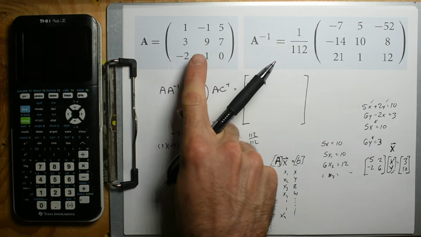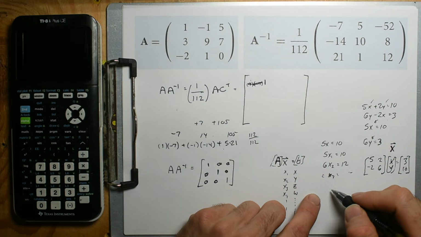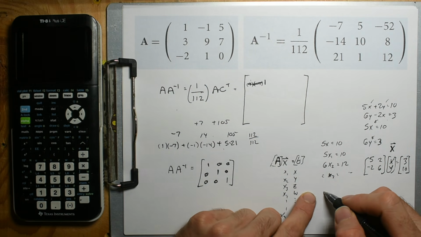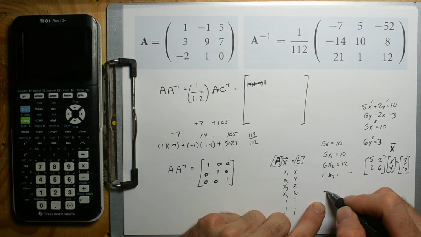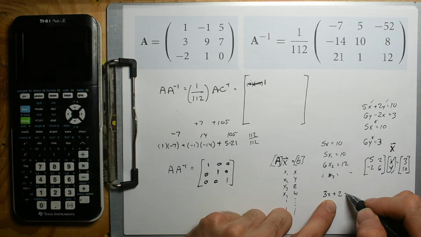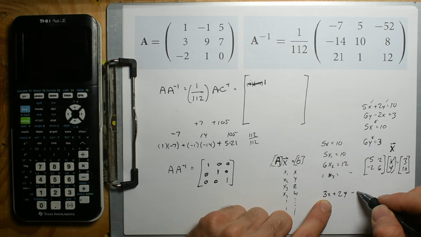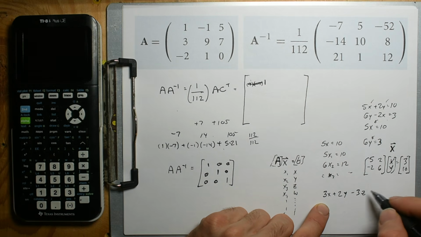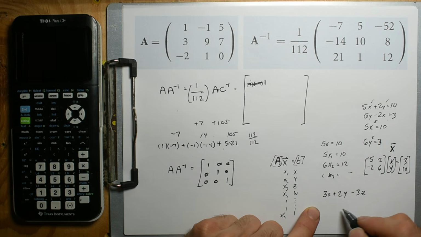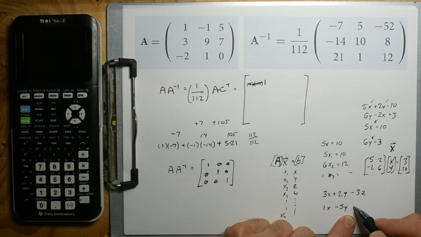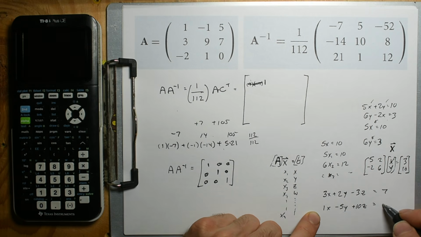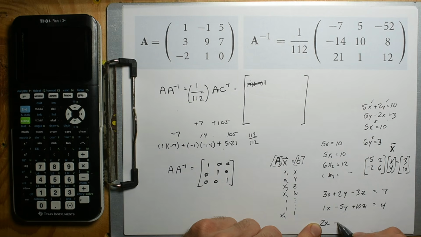Even when we have a three-variable system, we can start to do this to see why it makes sense. If I have 3x + 2y - 3z, and then I have 1x - 5y + 10z, and we add equals 7, equals 4, 2x - 10y + 15z = 5.